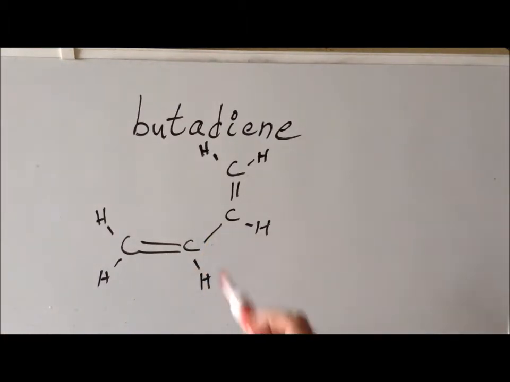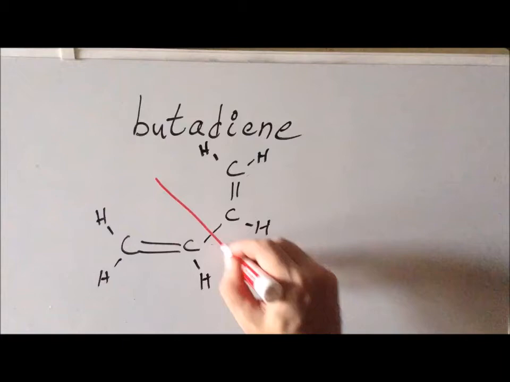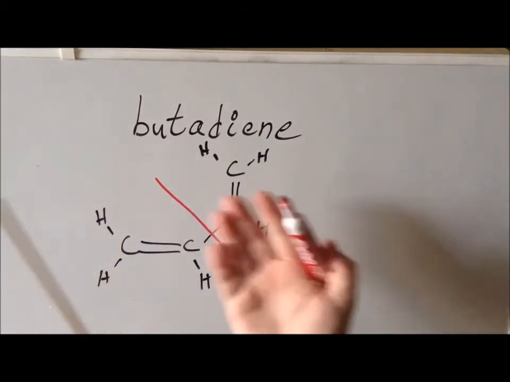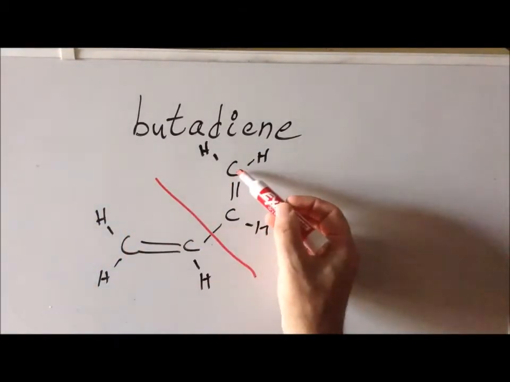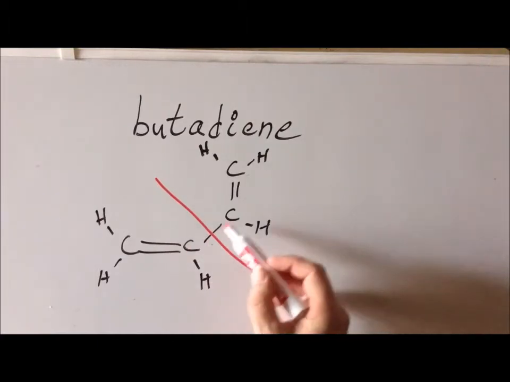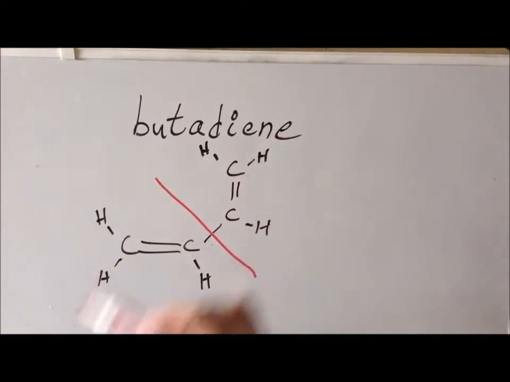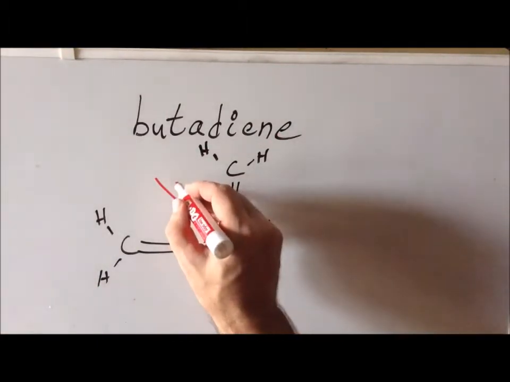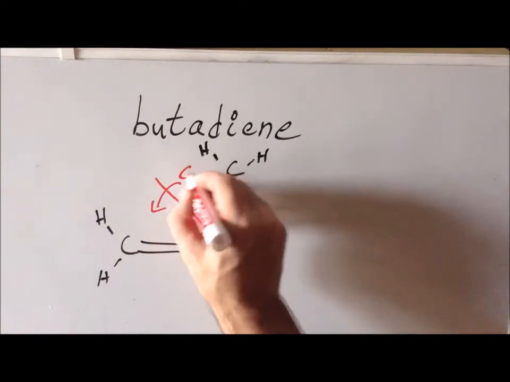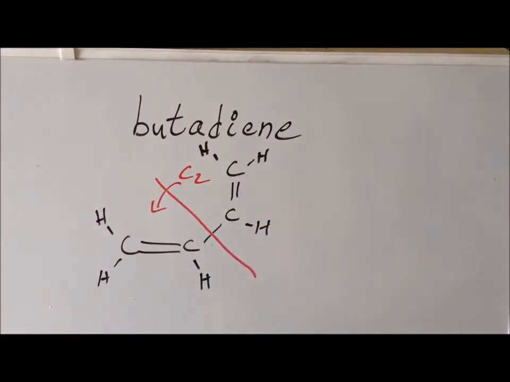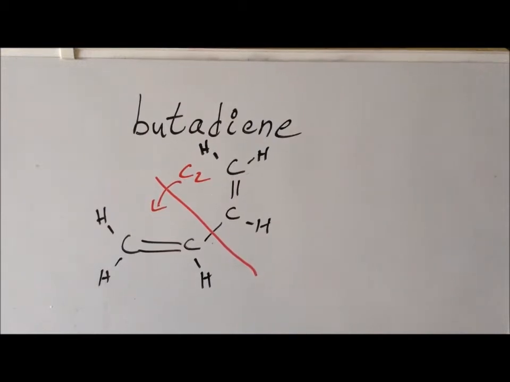But if we do look along this particular axis, I notice that if I flip the molecule over, that would send this carbon to that carbon, this carbon to this carbon, and all the hydrogens would switch places. So therefore, it tells us that we have a C2 rotational axis along this line. So the high order rotation axis for this cis isomer of butadiene is going to be a C2.